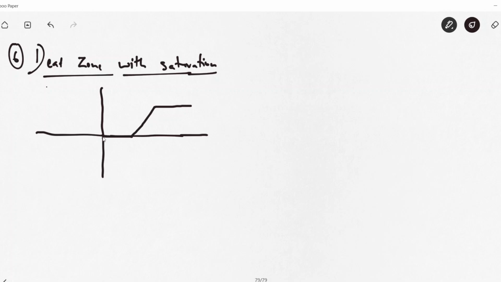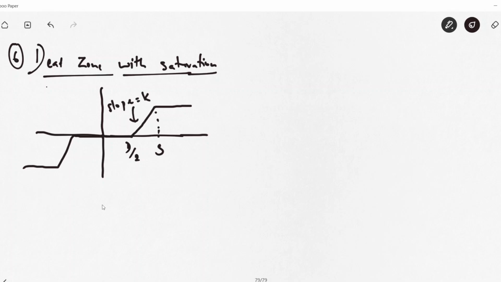Similarly, in the negative half region, dead zone, then linear behavior, and then saturated characteristics. Let this point be d by 2, let this point be s, similarly it will be minus d by 2 and minus s, and the slope of this curve, let it be equal to k.